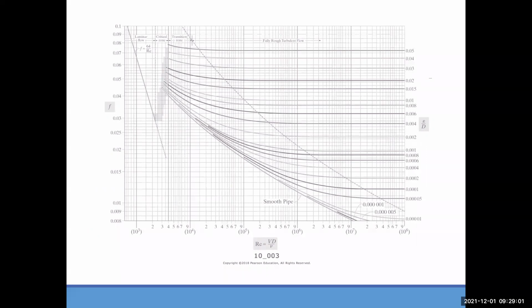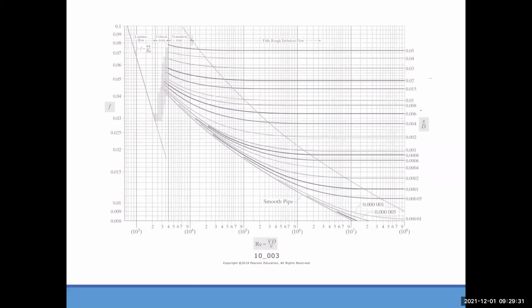If you look at this part, it's epsilon over D, and every value here is in decimal format.